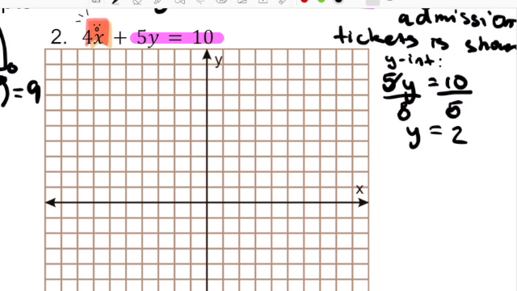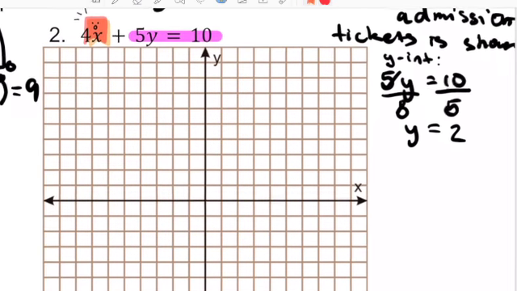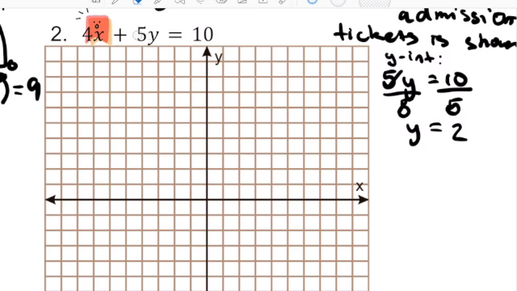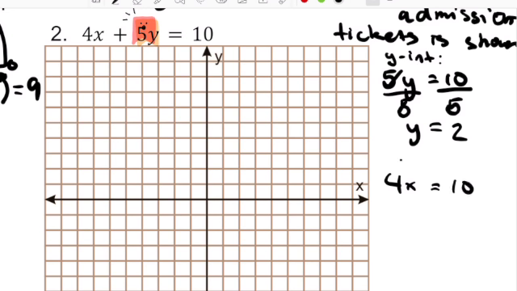And then when we need to solve for the x-intercept, we would do it on the other side. We need to cover the 5y, and then now we're left with 4x equals 10. So divide 4 on both sides, and now we're left with 2.5.